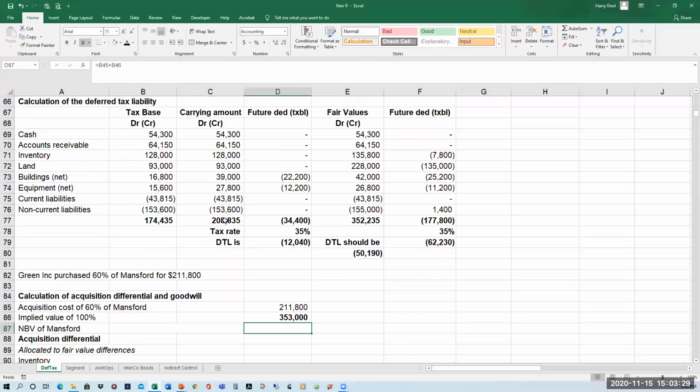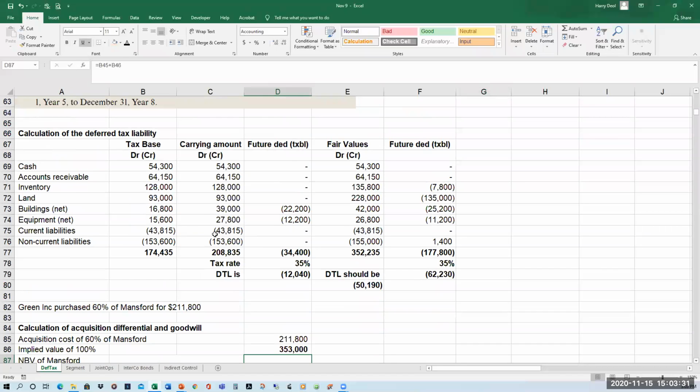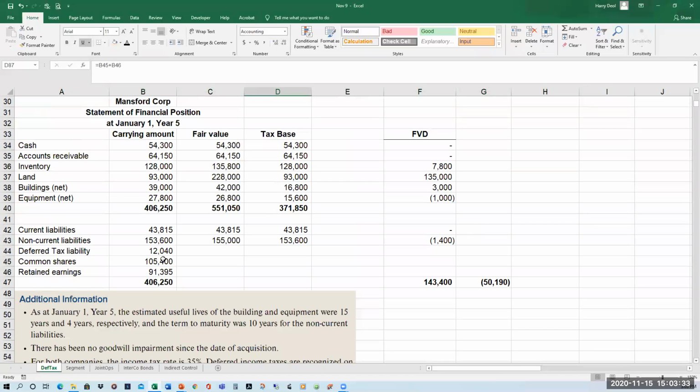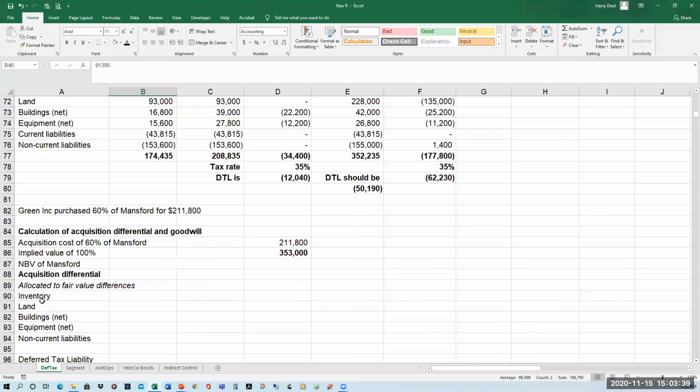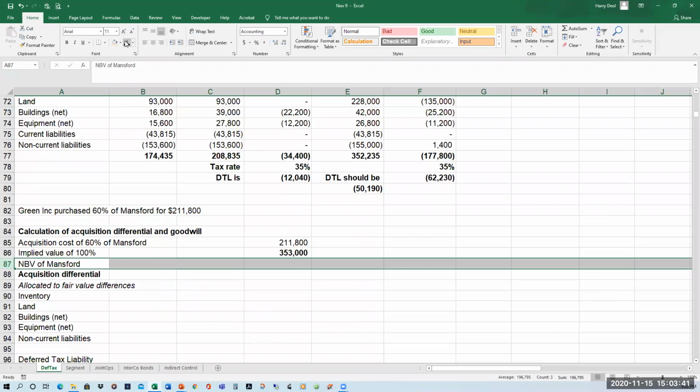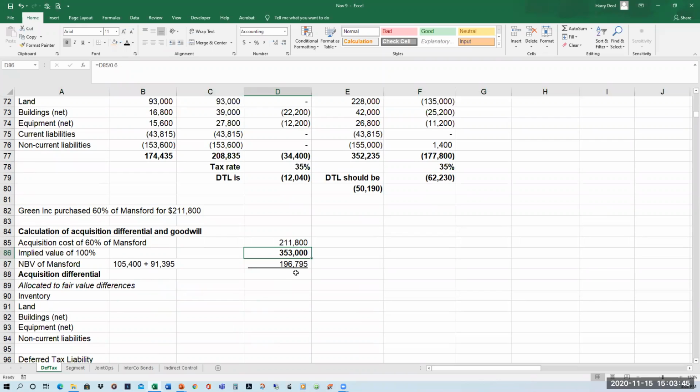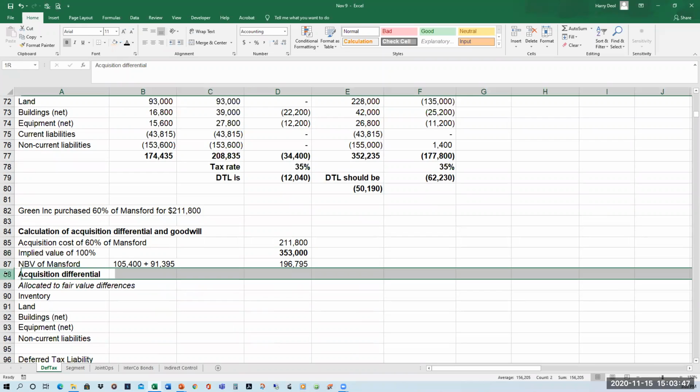Now, Mansford's net book value is the sum of its common shares and retained earnings. That's 196,795. So if we subtract the 196,795 from 353,000, we get an acquisition differential equaling 156,205.